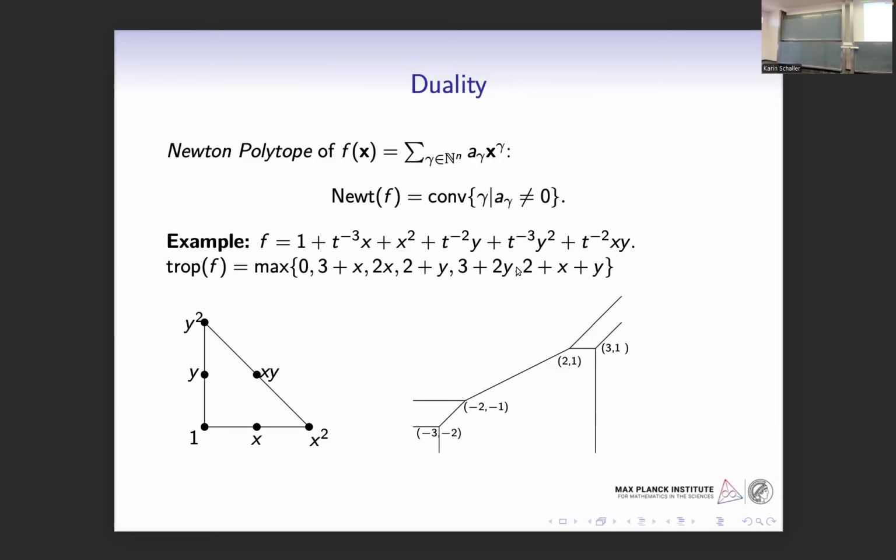And now to get the subdivision that we need, we're going to remember the valuation that corresponds to the tropical coefficient of those monomials. So for the constant one, I have a 0. For x, the coefficient is 3.